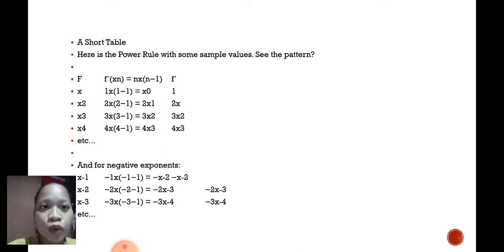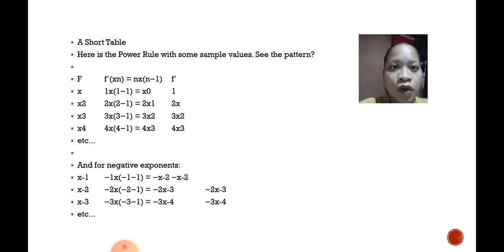Starting with x: 1 times x to the power of 1 minus 1 is x to the power of 0, which is 1. For x squared, 2x to the power of 2 minus 1 is equal to 2x to the power of 1, which is 2x.